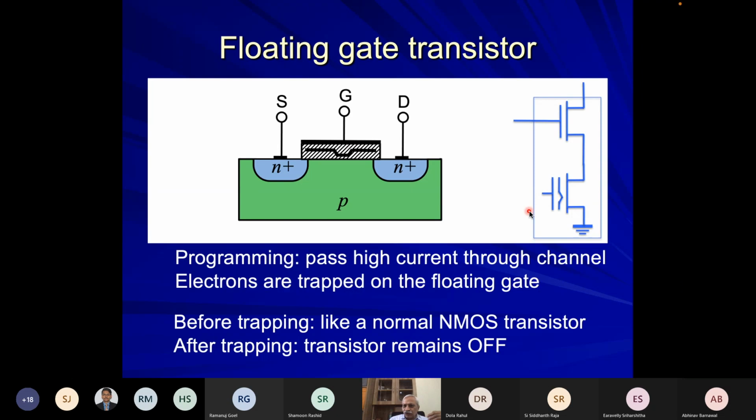Circuit-wise, you show a transistor of this kind as shown here. When the electrons are not trapped, it behaves like a normal NMOS transistor. After the electrons get trapped, it is a transistor which is turned off.